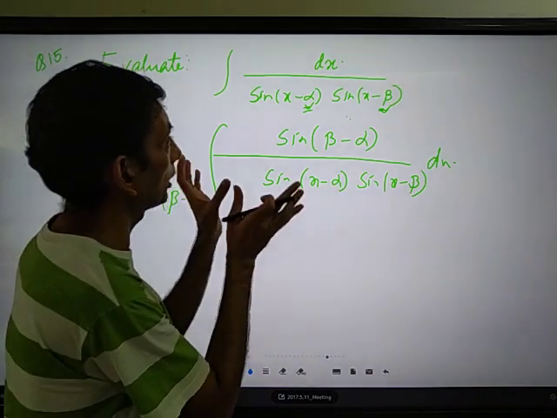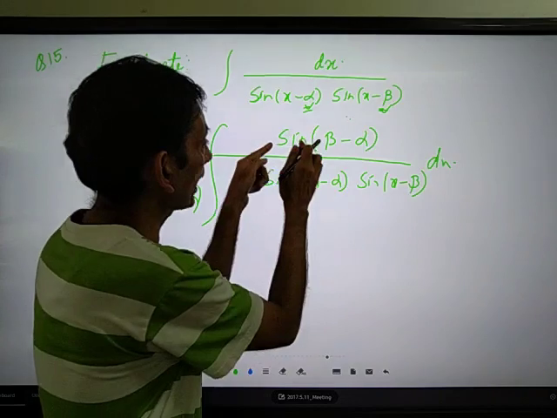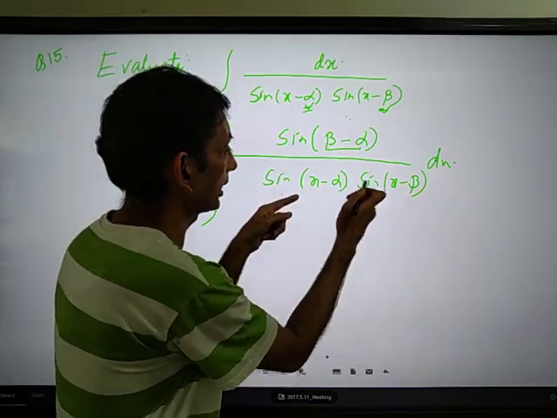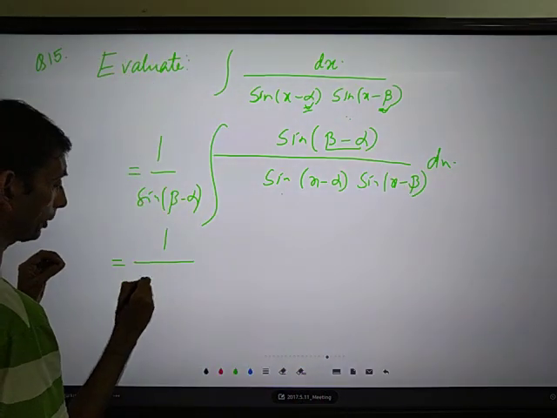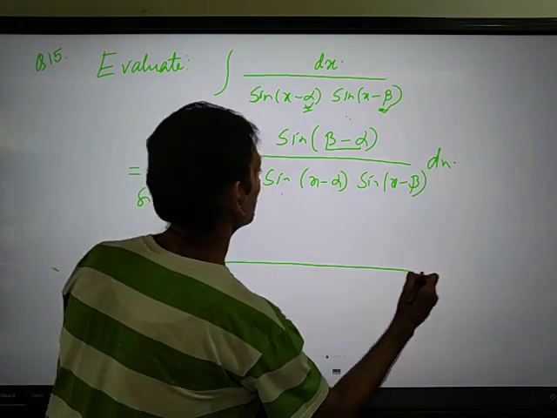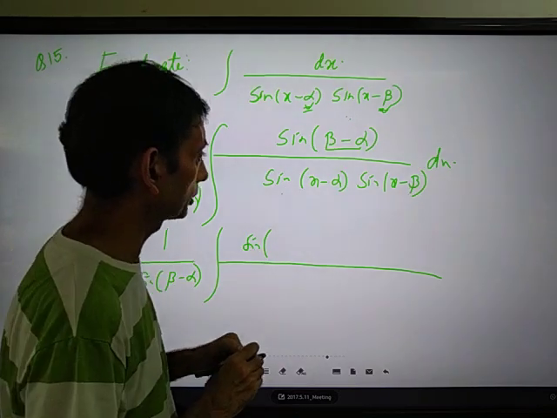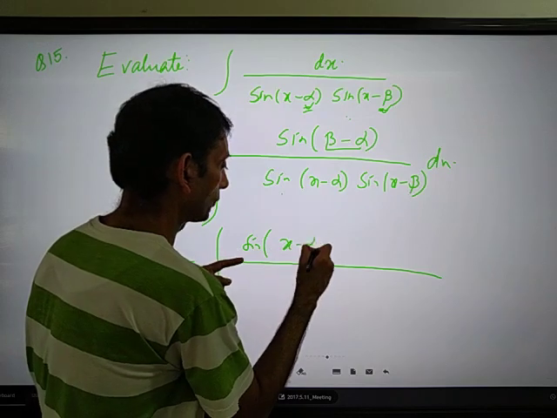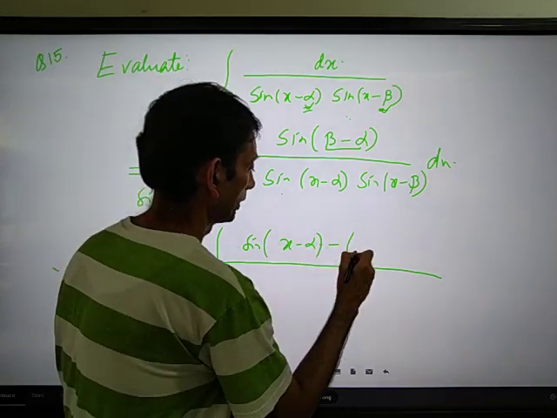The reason behind introducing this, you will understand now. This sin beta minus alpha, we need to write in terms of x minus alpha and x minus beta. How can you write it? You can write x minus alpha, then minus x minus beta.